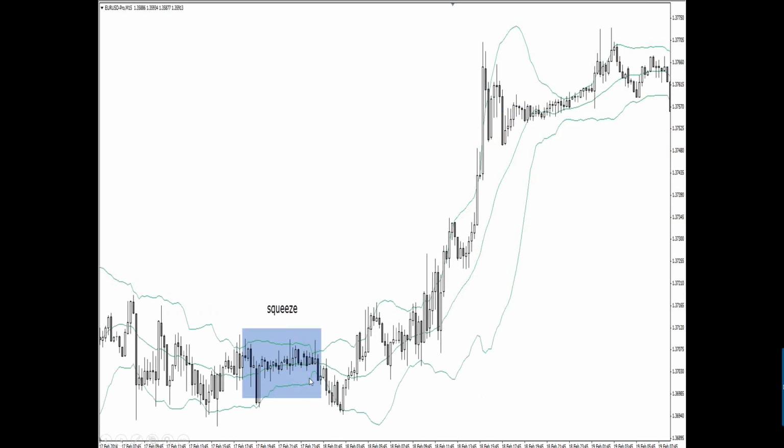This is the so-called squeeze. When you see Bollinger Bands very close to each other, we call it a squeeze. Squeeze is important for Bollinger Band traders because the squeeze usually is followed by a breakout.